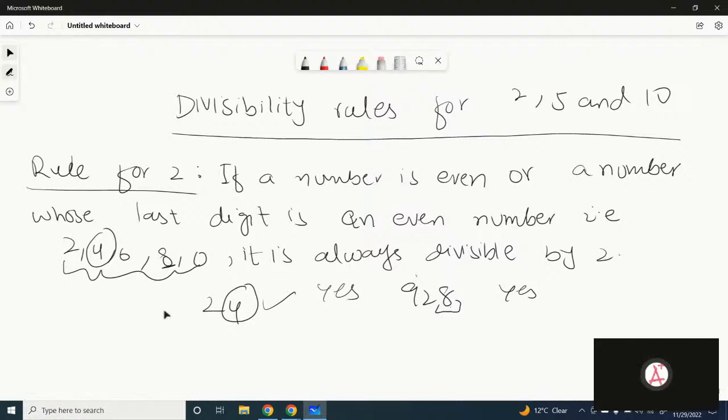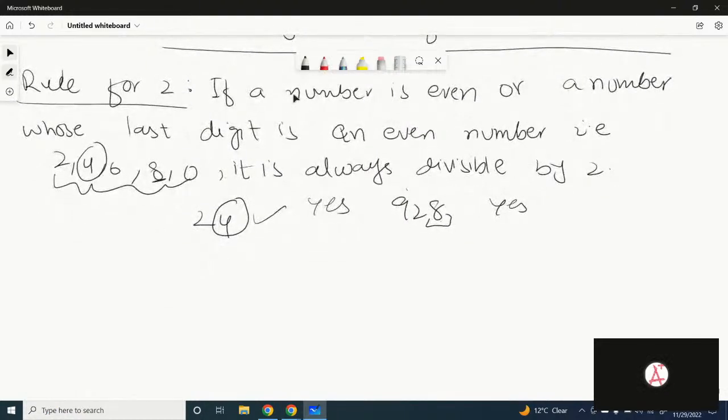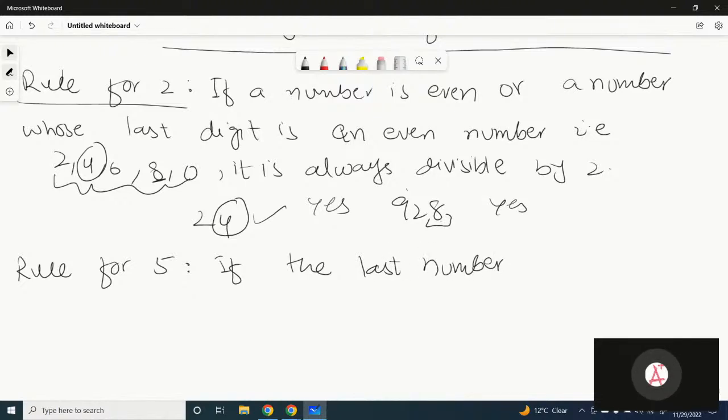Let me just write down the divisibility rules for 2, 5 and 10. Please note them down. They are very important. Okay, the divisibility rule for 5. If the last number, or the ones digit you can say, got it, is either 0 or 5, the entire number is divisible by 5.